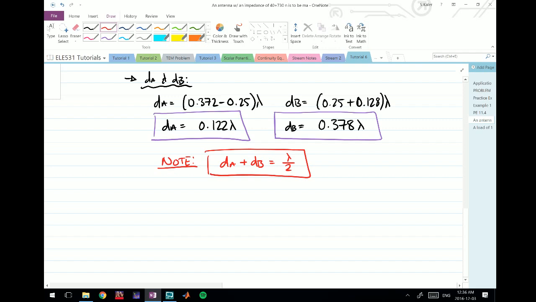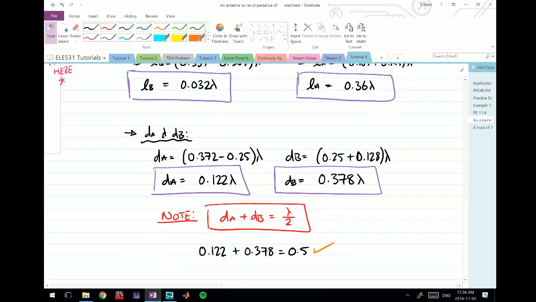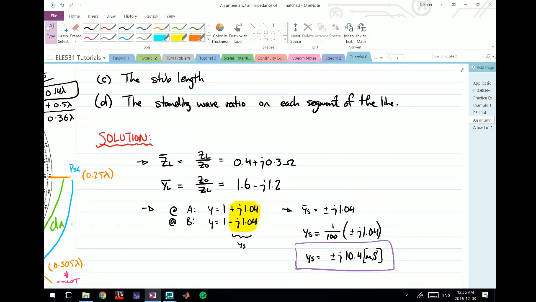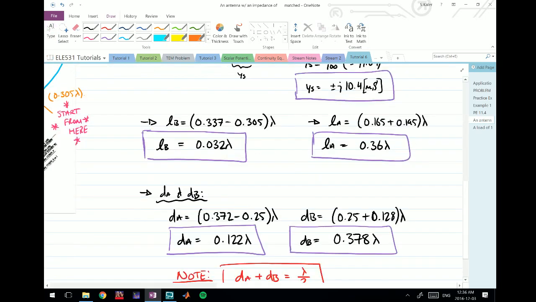Now if you look at this case, if I actually add these two things together, 0.122 plus 0.378 actually equals 0.5. And so I have satisfied that sort of law or condition. If it doesn't equal, you've done something wrong. So these are sort of simple ways to check out what you're doing.